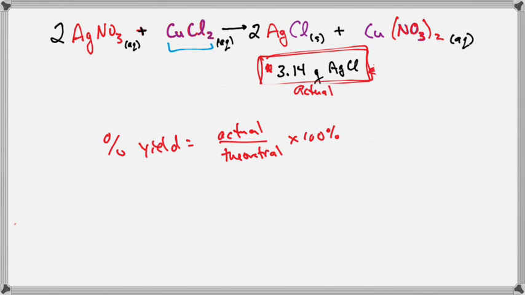In this particular system, what we would do is call this number here our actual. 3.14 grams of silver chloride was actually obtained. We don't typically say actually attained because that kind of is a big tip. So instead we would just say were obtained.